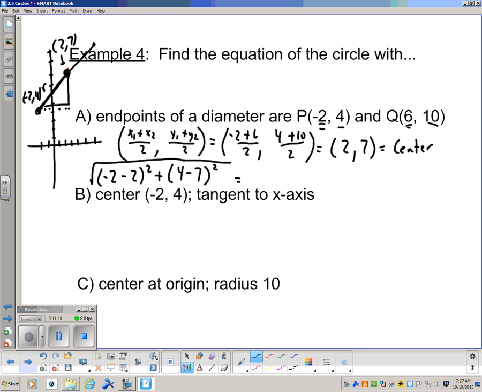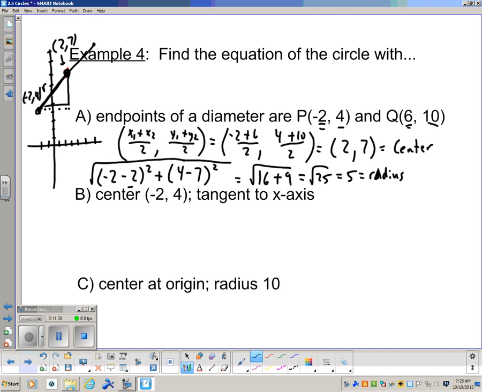So in the first one here, we get negative 4 squared, which is 16. And 4 minus 7 is negative 3, squared is 9. I could take the square root of 25, which gives me a value of 5, which ends up being our radius.